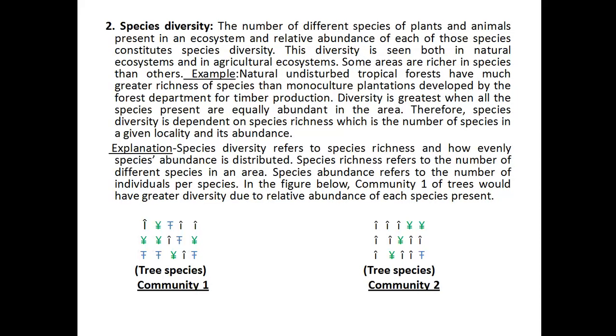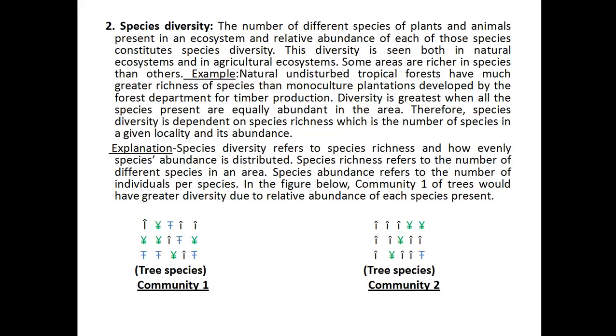Explanation: species diversity refers to species richness and how evenly species abundance is distributed. Species richness refers to the number of different species in an area. Species abundance refers to the number of individuals per species.